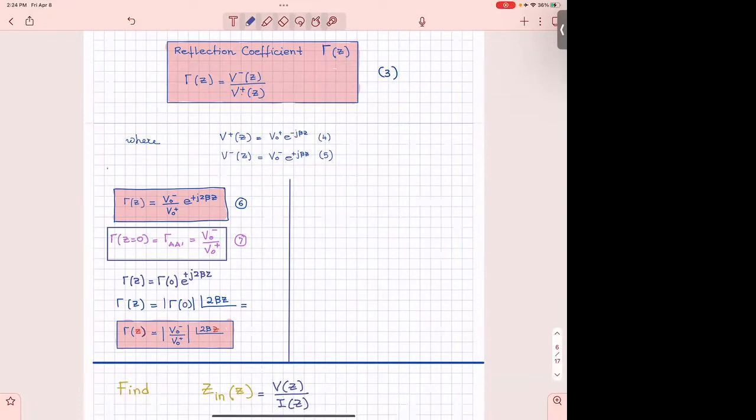I will say here reflection coefficient or gamma instead of gamma at z, because I want to save space.